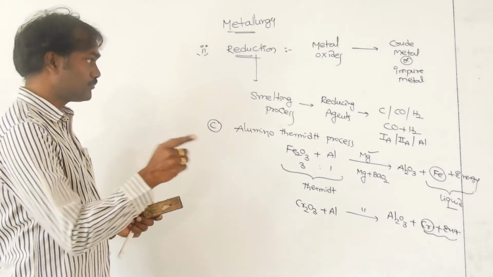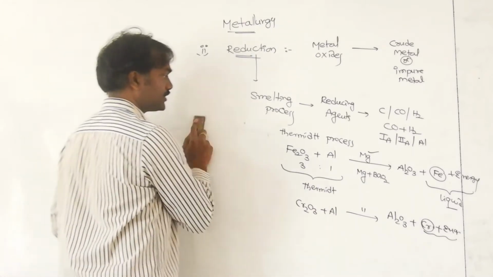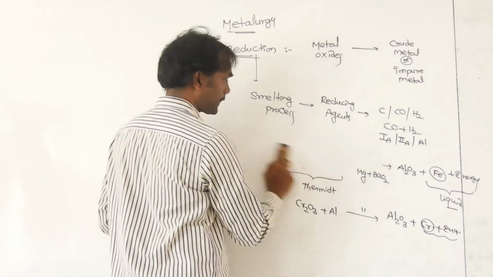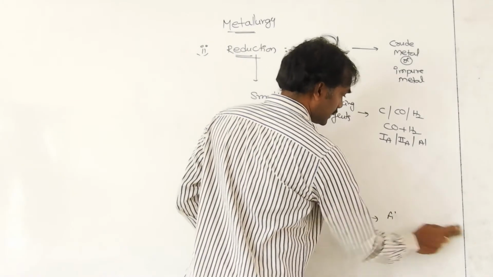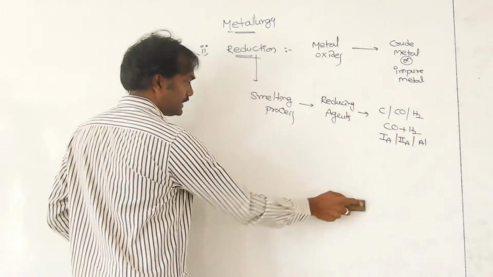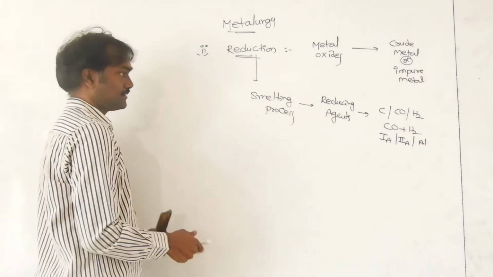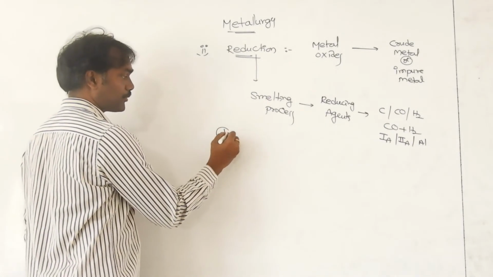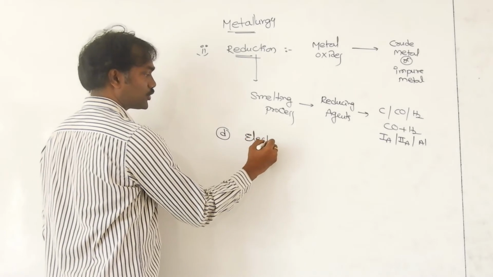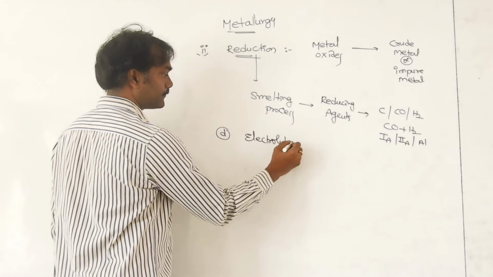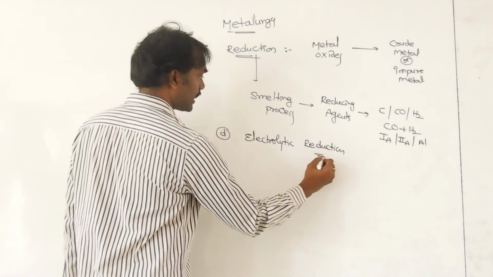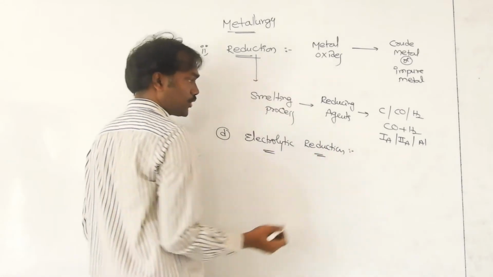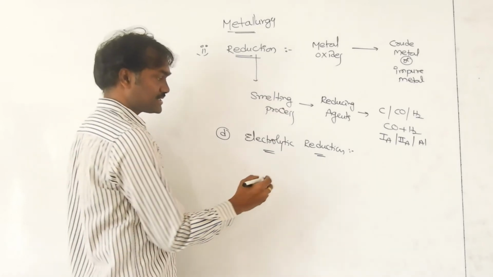Next, one more reaction is there, that is the electrolytic reaction. There are 4 important points in this. So we are applying electrochemistry. Which metals are powerful?